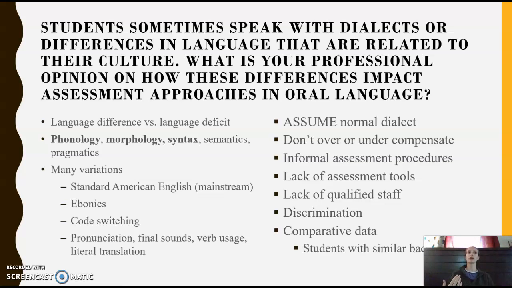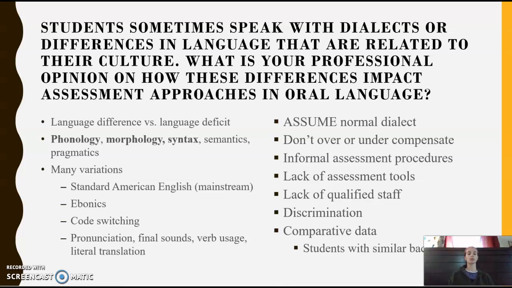We want to assume that they know how to speak correctly. We do not want to over or undercompensate, meaning we don't want to look at their language and just assume automatically that it's a speech delay or that it's something that they need special education services for.